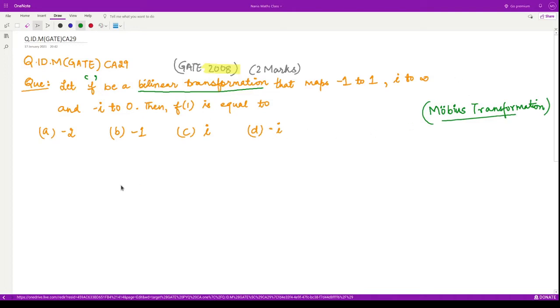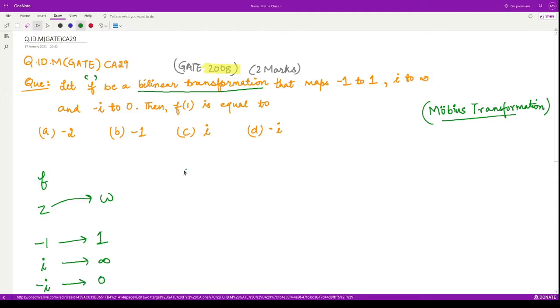So here they say we have a mapping f that maps z to say w, right? And they are saying the point -1 gets mapped to the point 1, the point iota gets mapped to the point infinity, and the point minus iota gets mapped to the point 0.